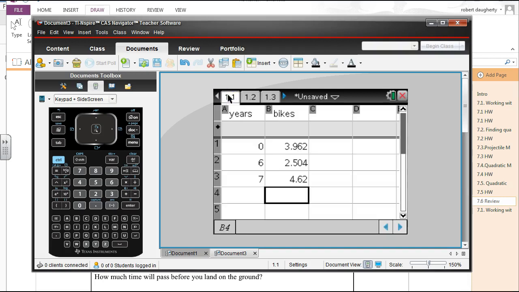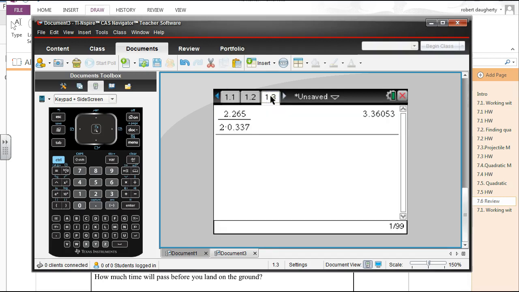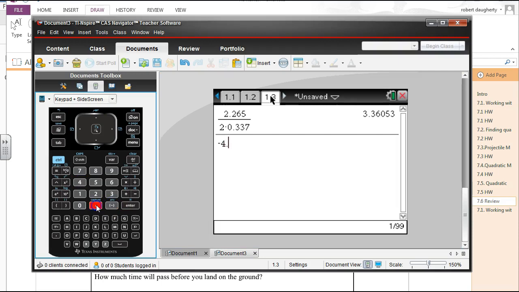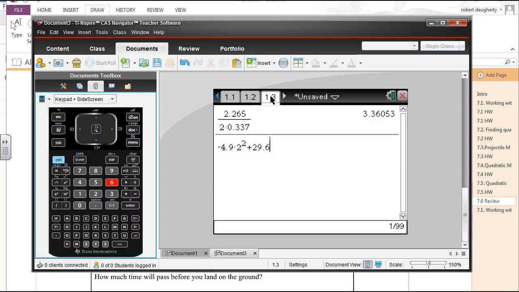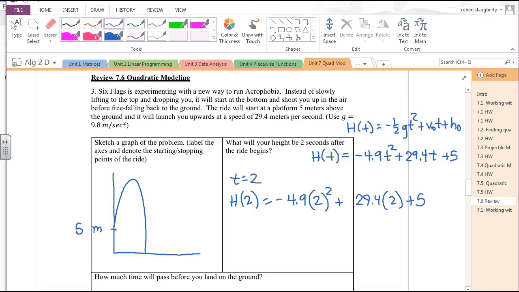Negative 4.9 times 2 squared plus, what was it, 29.4 times 2, and I got to double check that, plus 5.